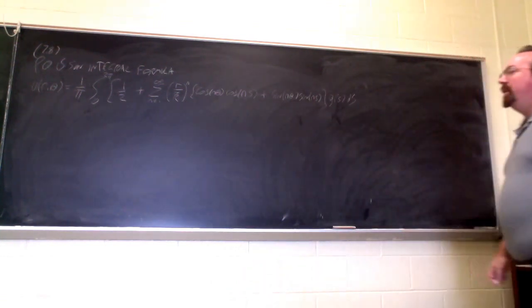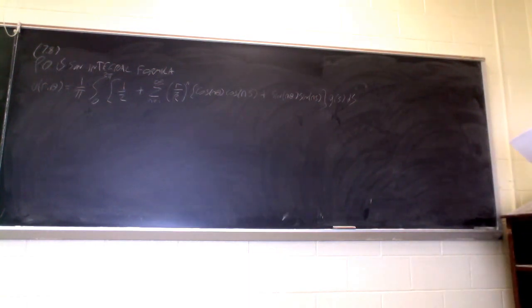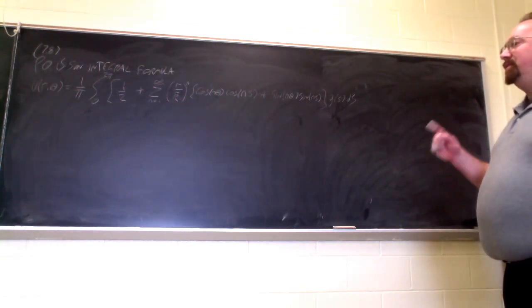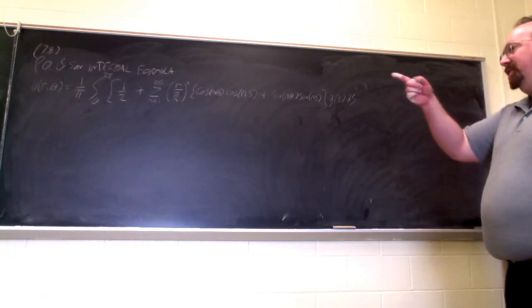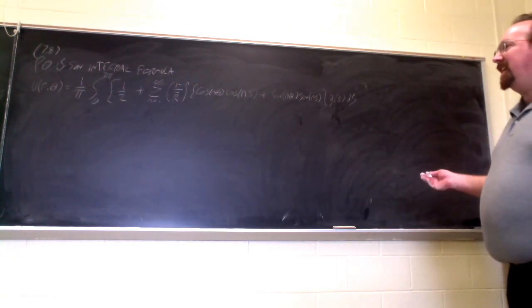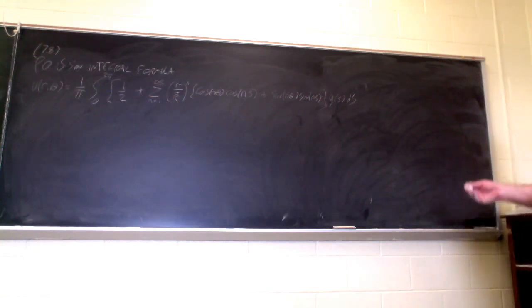Okay, so this solution formula is exactly the same as the solution formula on the previous board. All I've done is, in the integrals, I changed theta to s just to avoid ambiguity, and I put the integrals into the solution formula that you have there in the middle of that board, and then I moved everything inside the integral except the 1 over pi.